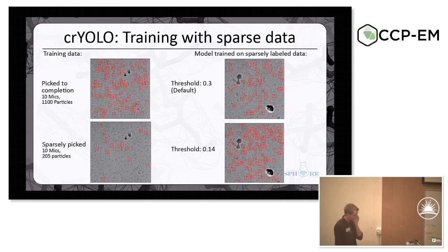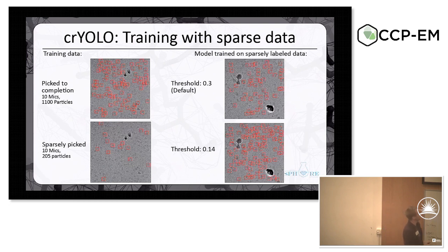One nice feature of crYOLO is that it's tolerant against sparse picking or sparse labeling. If you create your training data set, you often might not be able to pick all the particles to completion because they are not well visible or you're not sure, and so on. But crYOLO still works pretty well.